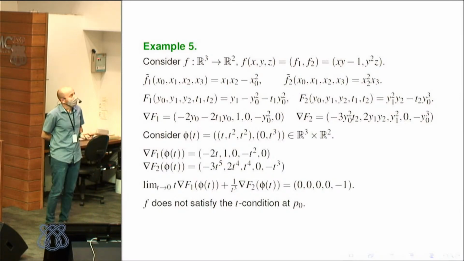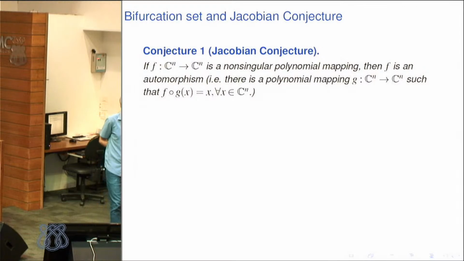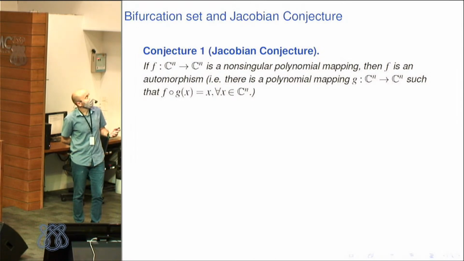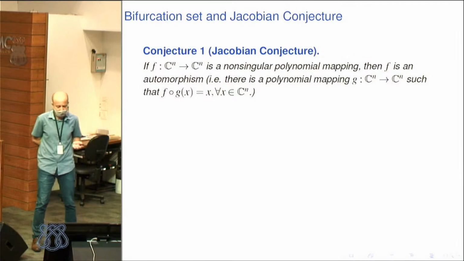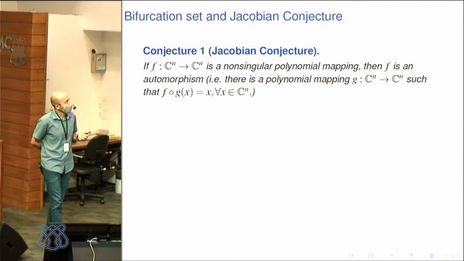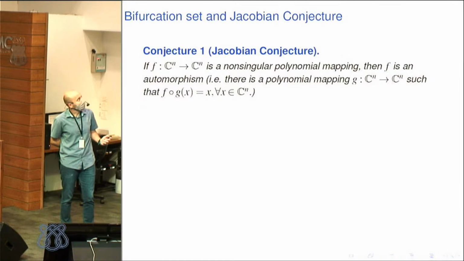So just to finish, the idea is to talk a little and to give some motivation about the bifurcation set. So you present two slides about the relation between the bifurcation set and the Jacobian conjecture. So we recall here the Jacobian conjecture.